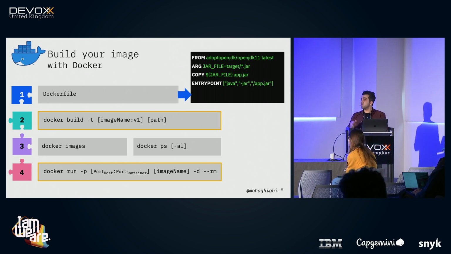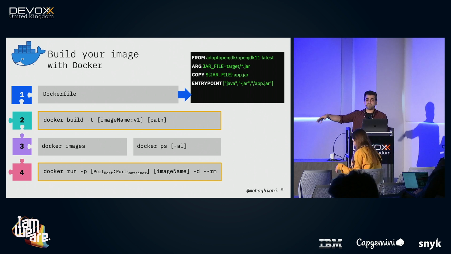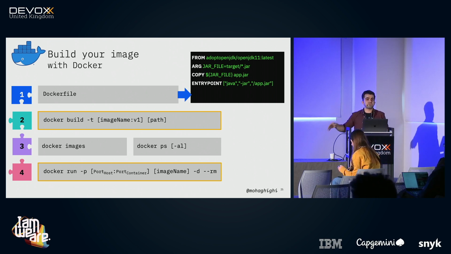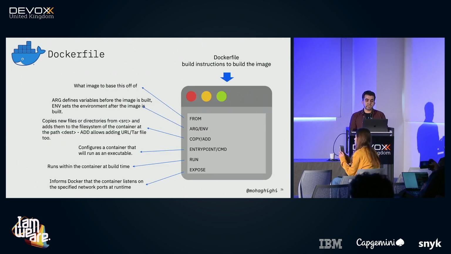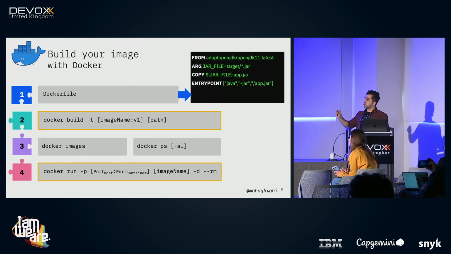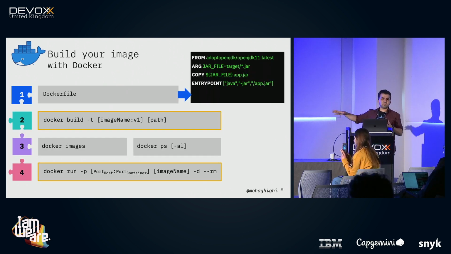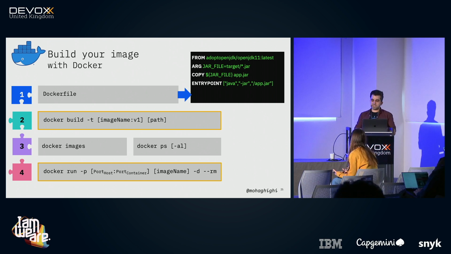How do we do that? First of all, to containerize our application, we use Docker. If you're using a Docker file, we create our Docker file, and then we say docker build, docker run, and that's it. We've got our containers. This is a very simple process. All developers know how to do it. So you get your containers.